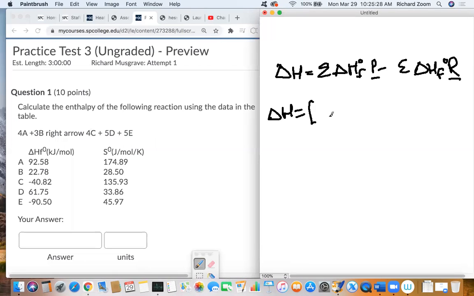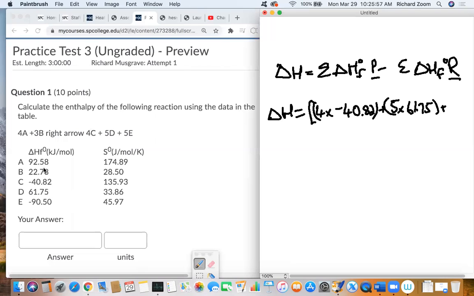I'll put the products in square brackets and the reactants in square brackets as well. The products are 4C, 5D, and 5E. So 4 times C, which is negative 40.82, plus 5 times D, which is 61.75. These two have to cancel.